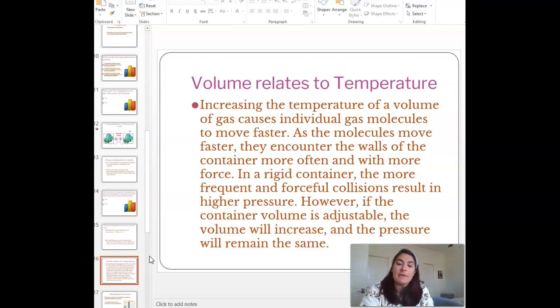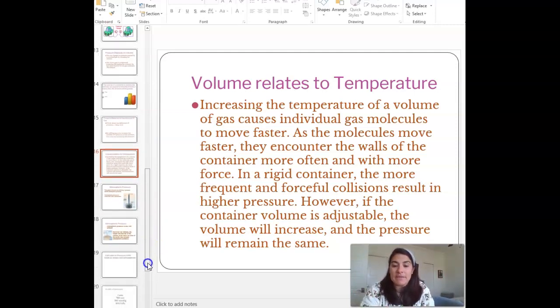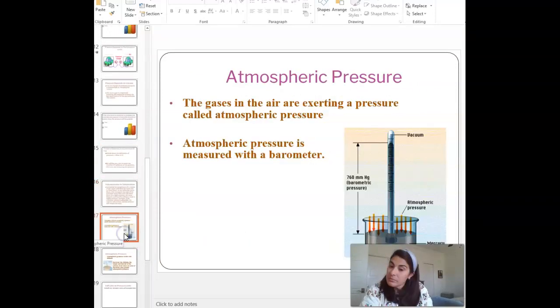The other thing that's going to come into play for a lot of this is atmospheric pressure. Atmospheric pressure is exactly what it sounds like. It's the Earth's atmosphere exerting pressure on us. We don't notice atmospheric pressure when we're walking around. We're not like, oh gosh, it's so heavy.